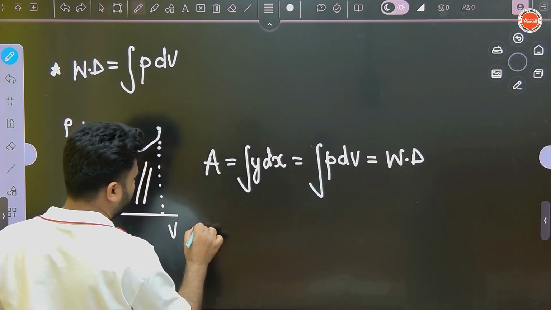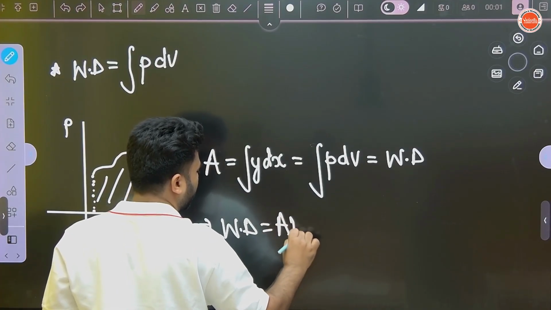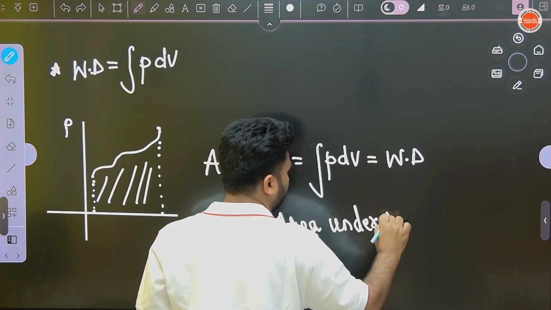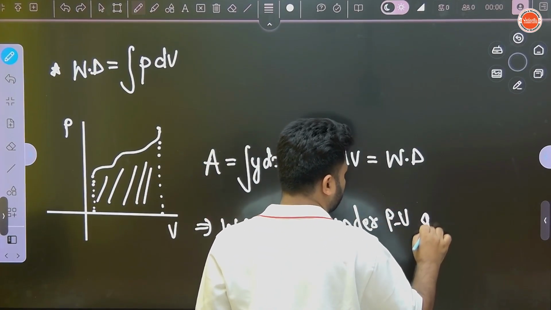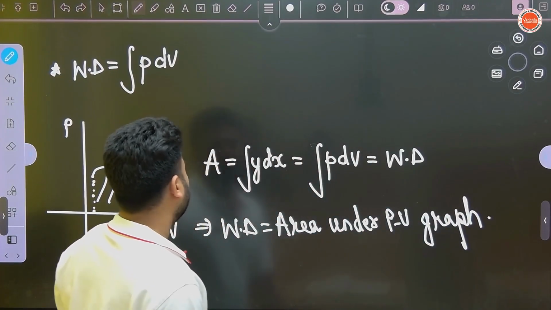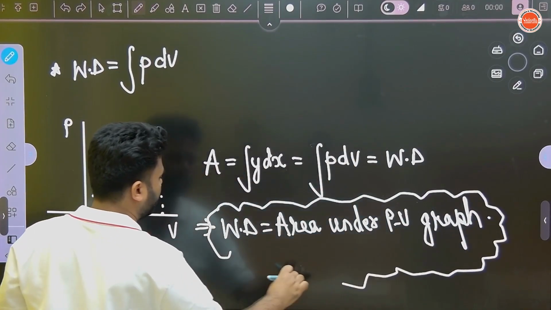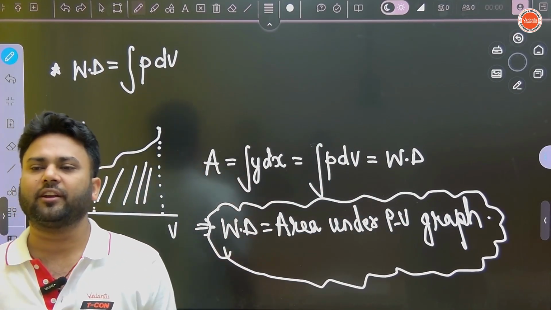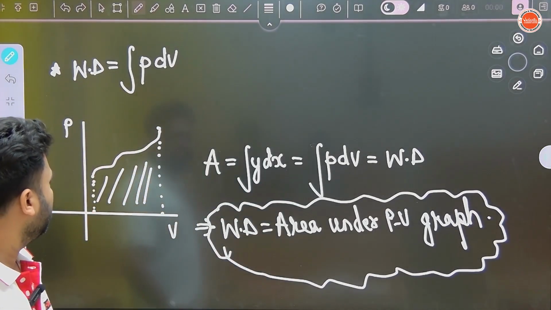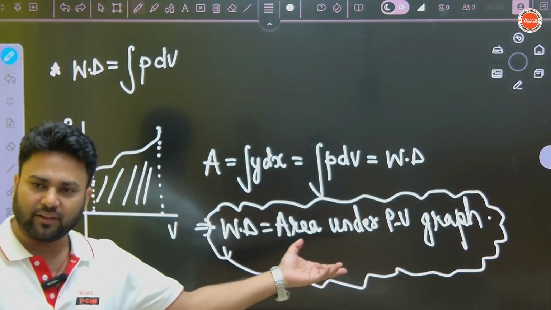Means we can write work done equals area under the PV graph. This is very important. If someone asks what is the work done by the gas, it is the area under the PV graph. They can give this PV graph and ask for work done, so the area under the PV graph will give work done.